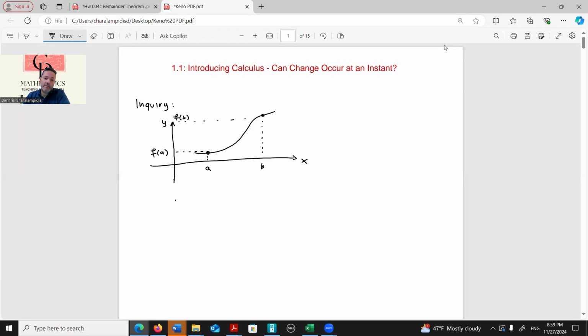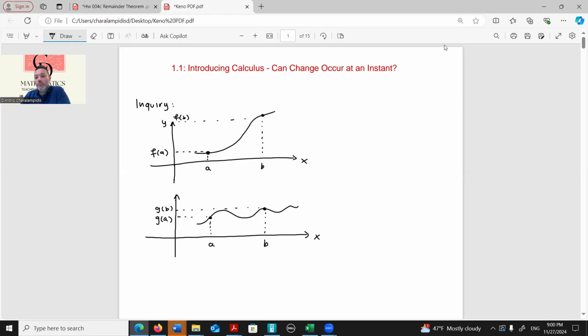And at the same time, the next one is a graph of another function g this time, where here we have a, g of a, and here we have b and g of b.